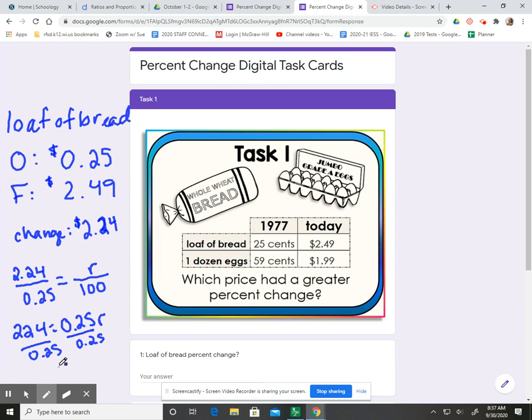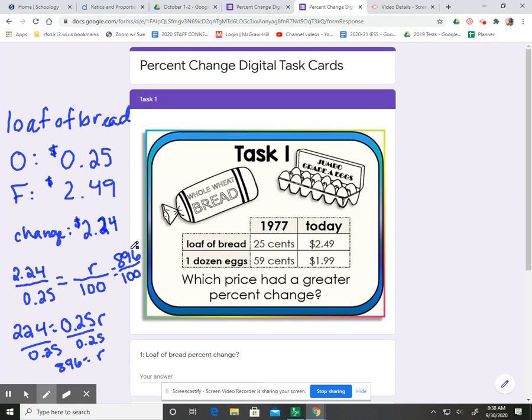So 896 equals r, and now I have 896 over 100. This is where that last screen Desmos activity yesterday will help you today. We need to write this as a percent. Usually if we have 100 out of 100, that would be 100%. We have 896 out of 100.